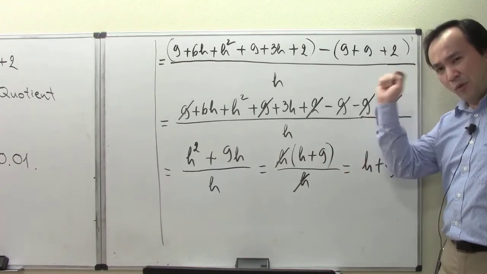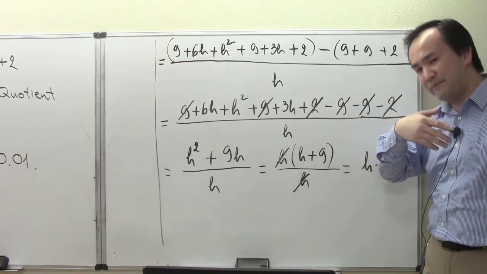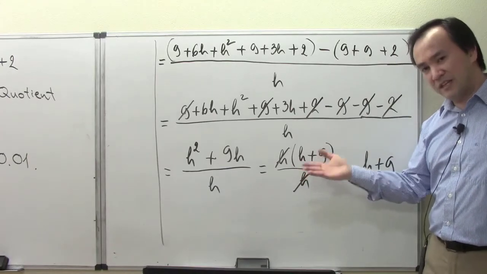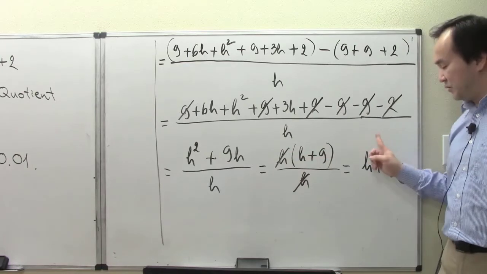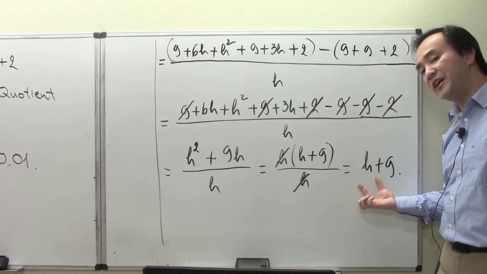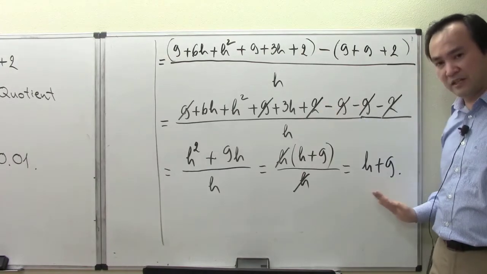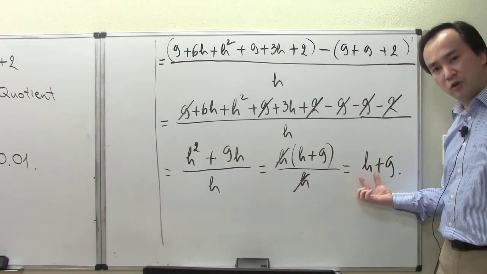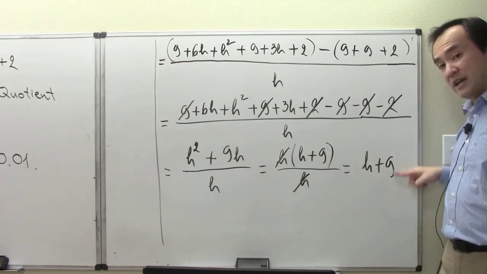Some problems in example 1 we came down to a completely numerical answer. But some other problems in example 1, as you have already seen, we came down to the simplified answer where we still have some h variable left over. And the same thing here. Even though it is a very simplified answer for the difference quotient, we still have the h variable left over in this final expression.